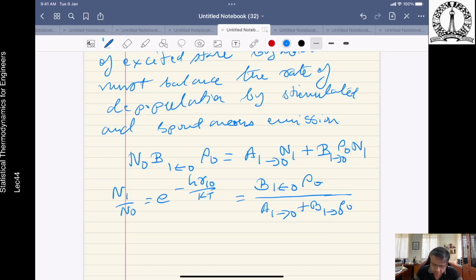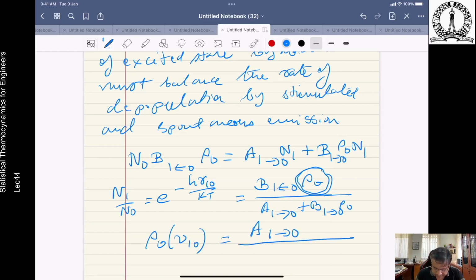So if you now solve for rho nu, then rho nu is equal to A 1 to 0 divided by e to the h nu 10 by kT times B 0 to 1 minus B 1 to 0.